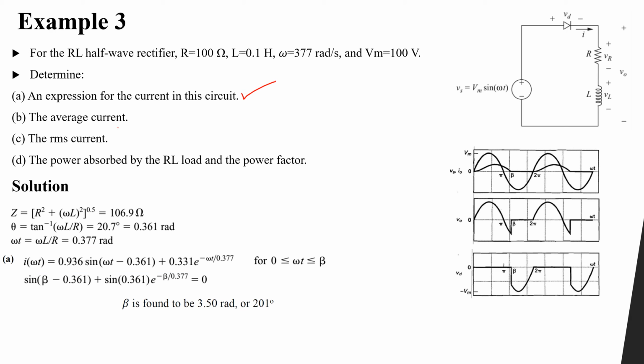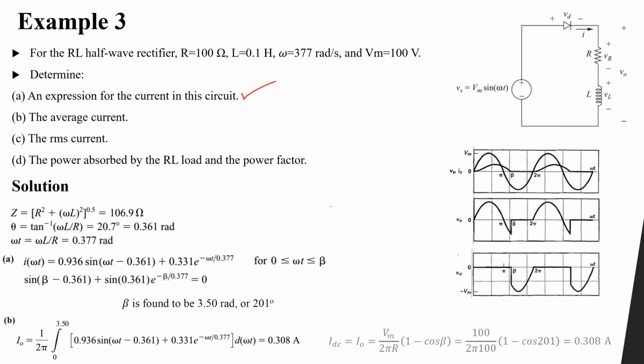Now, to get the average current: as you know, the average current is V average over R. From the previous slide, V average is Vmax over 2 pi times 1 minus cosine beta. Using this, we get 0.308 A. Similarly, you can say I average is equal to 1 over 2 pi times the integration from 0 to beta, with beta in radians.